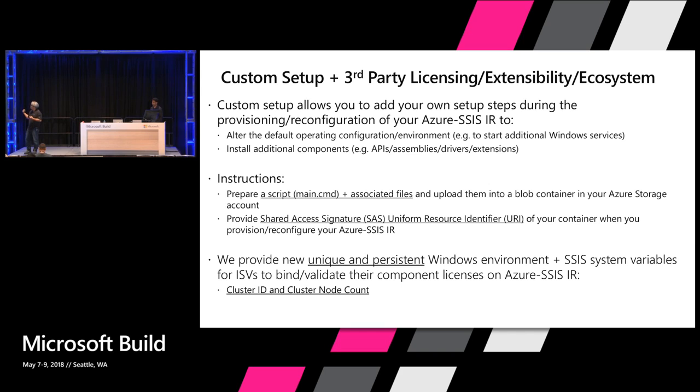We provide a unique and persistent Windows environment and SSIS system variable for them to do that. Basically, we have two variables, called cluster ID and cluster node count. The cluster ID itself is very invariant. So whatever you do with the IR, scale up, scale out, change the VNet or whatever, the cluster ID stays the same. So that can be used by ISVs to bind their license, okay?